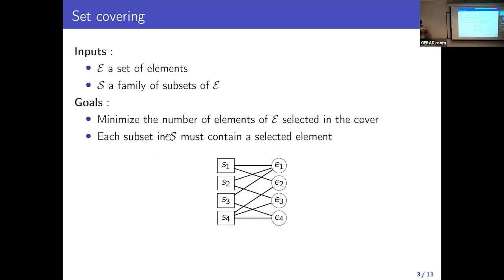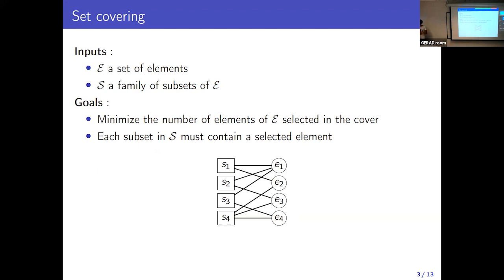So let us start with the set covering problem. The input in the set covering problem is pretty simple. There is a set of elements that are given, that are going to be used to cover the other inputs, which are going to be the subsets. So a subset, for example in this representation, S1 is connected to E1 and E2, because the subset S1 is actually the subset E1, E2.